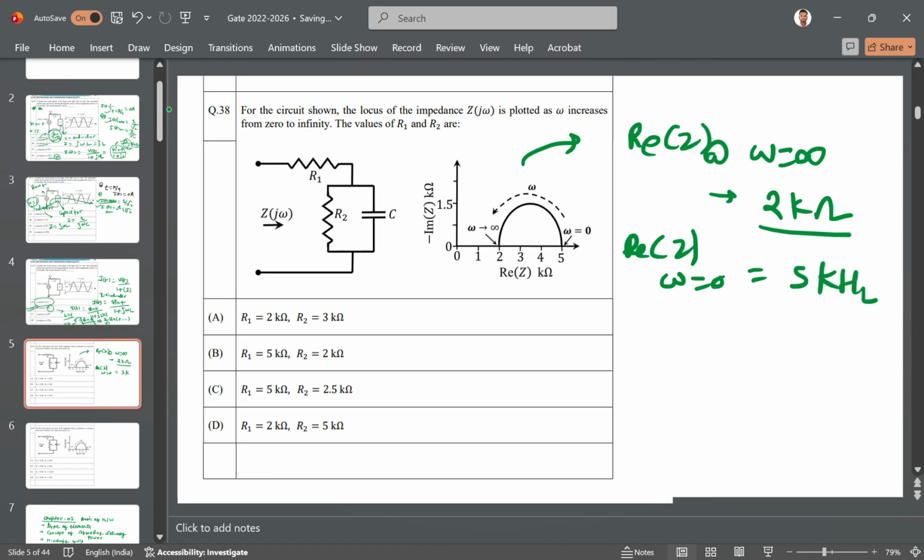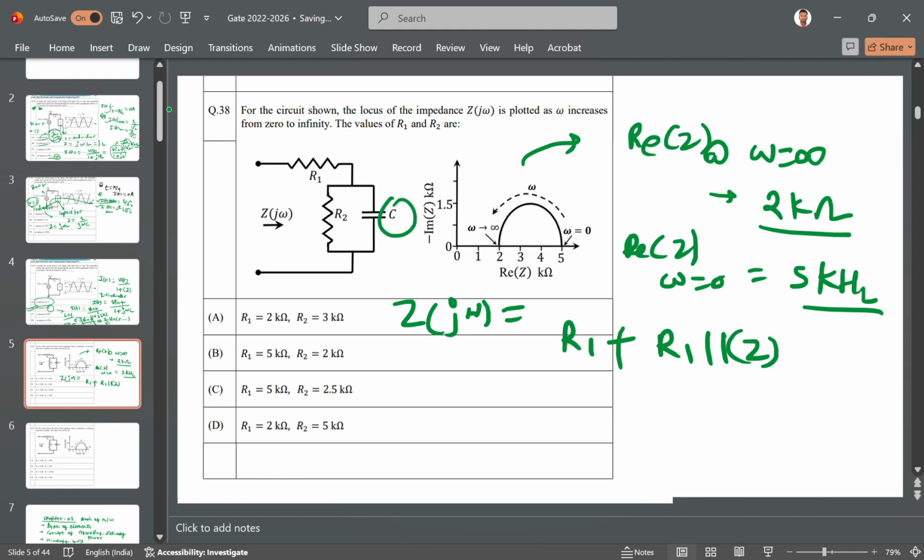Okay, now what is the j omega from the circuit? R1 plus R1 this. In the case of a capacitor, the value of impedance is 1 by j omega C. Agree or not?